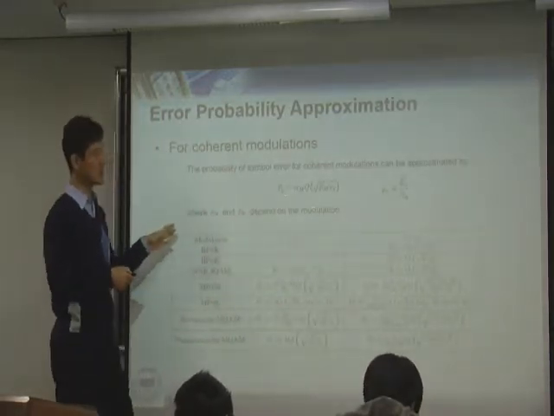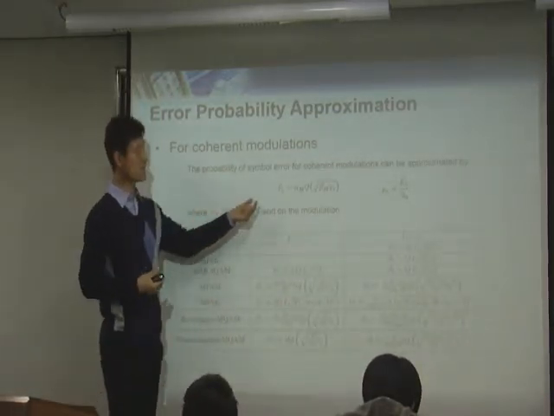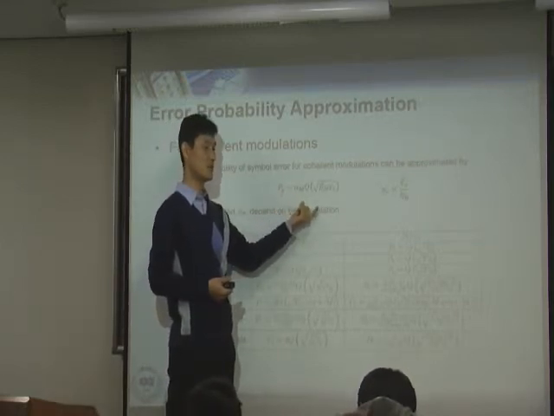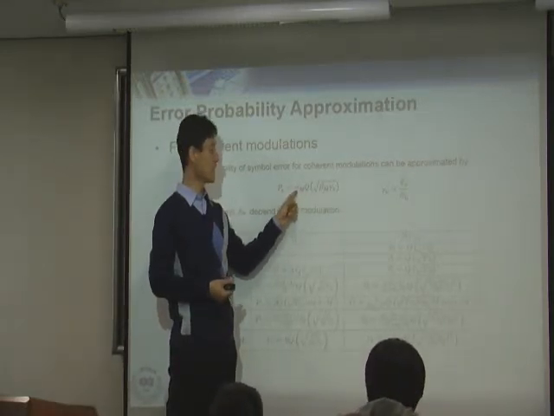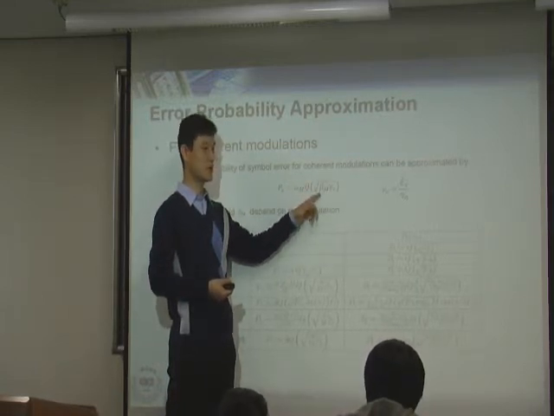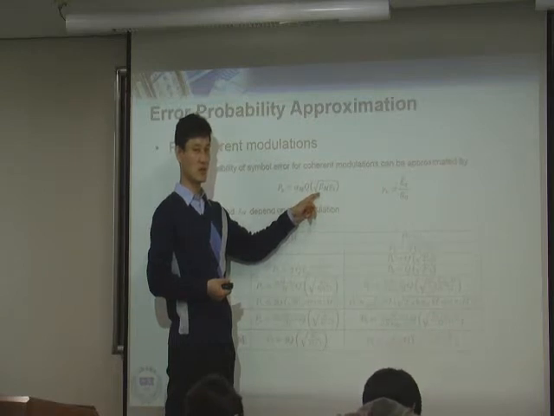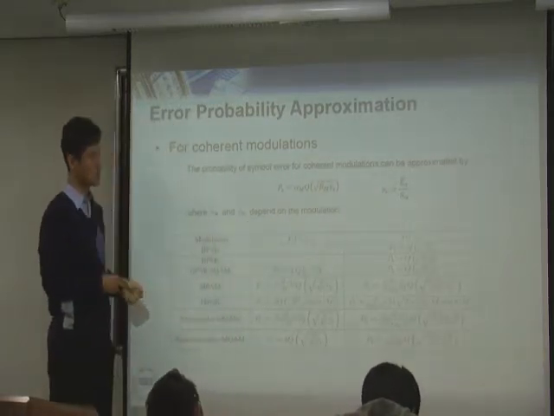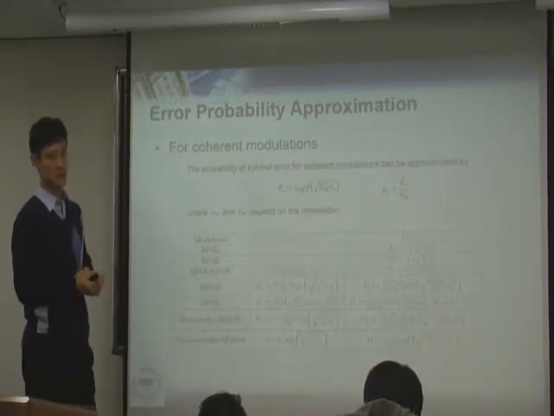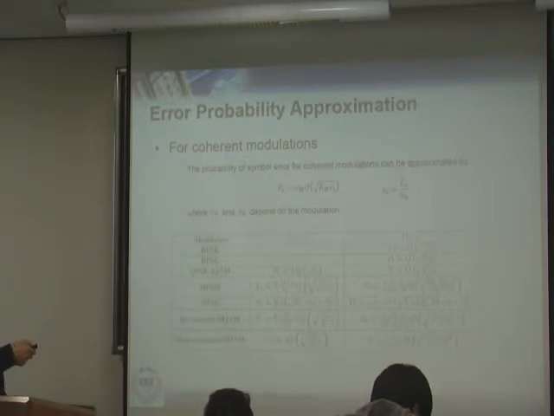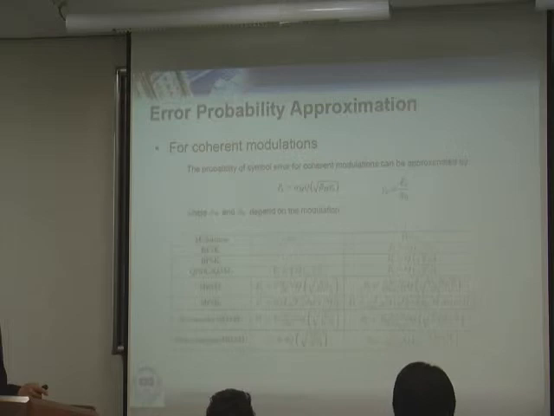Once you use it, my symbol error rate can be simply written as one Q function. Alpha m and beta m are just constants that depend on your modulation. But anyway, it's just a simple Q function, so it's much easier to use. That's why a lot of people prefer this approximation.